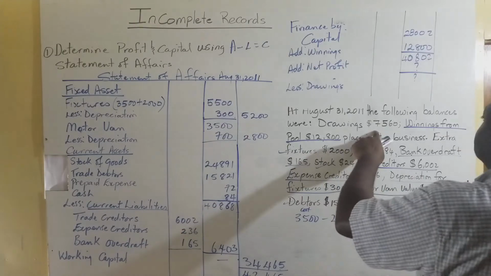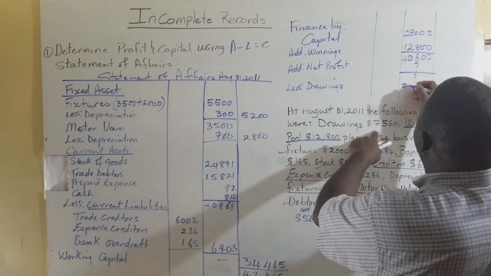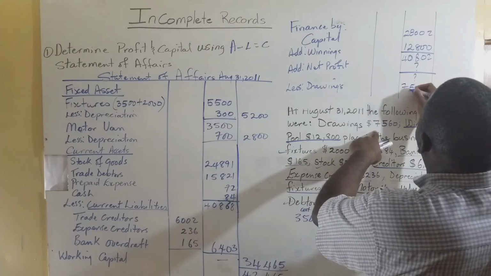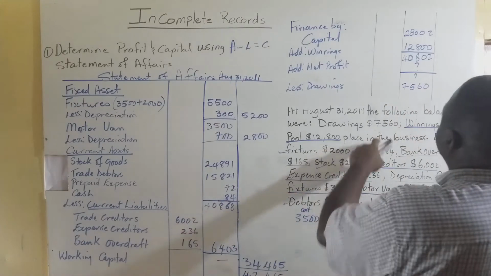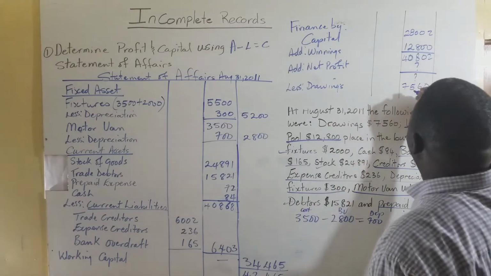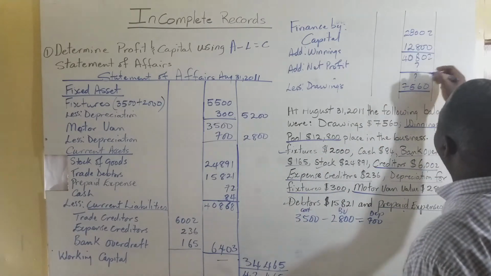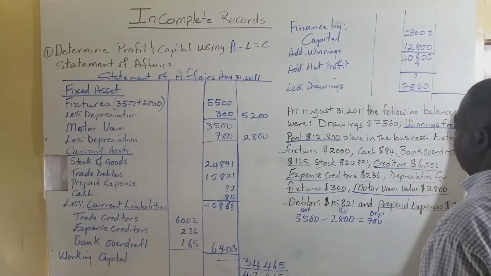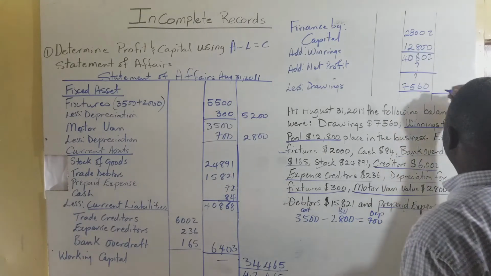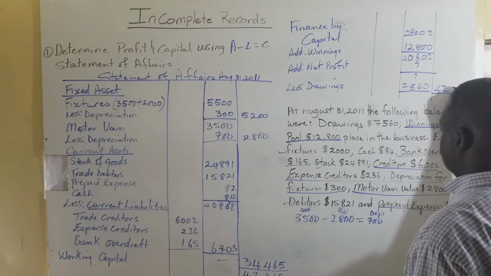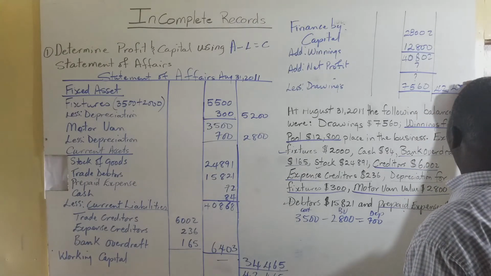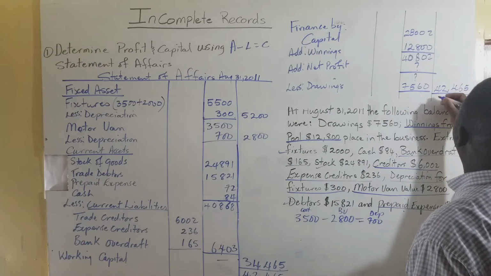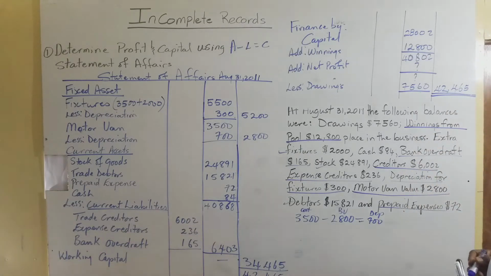The question tells us that drawings figure is $7,560. So there's a figure that we should subtract the drawings from to give us our net worth, the net asset of 42,465. Good.